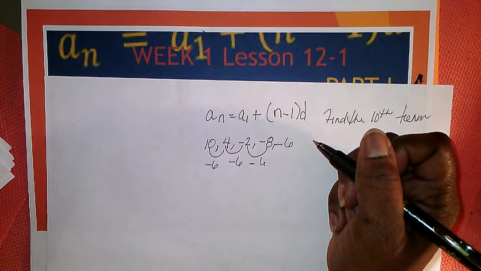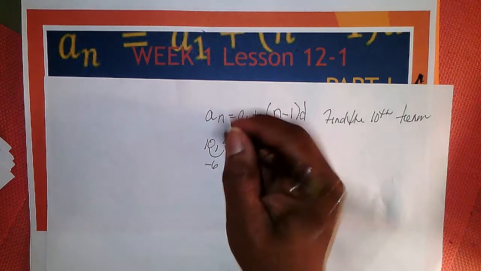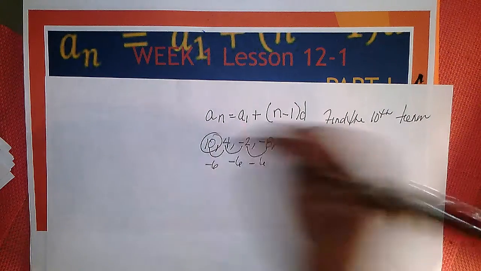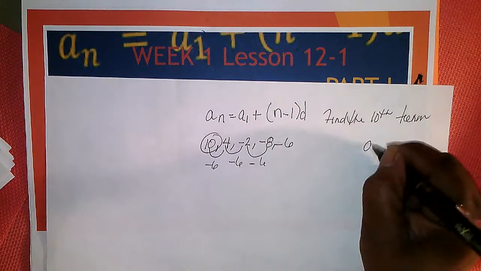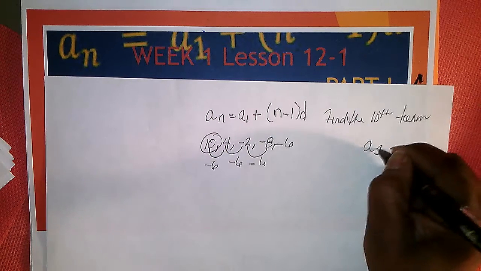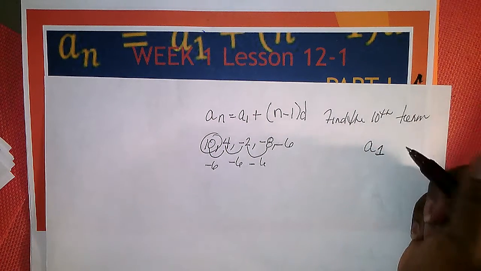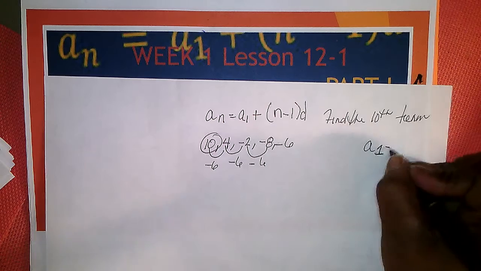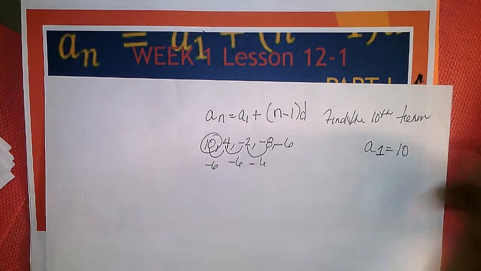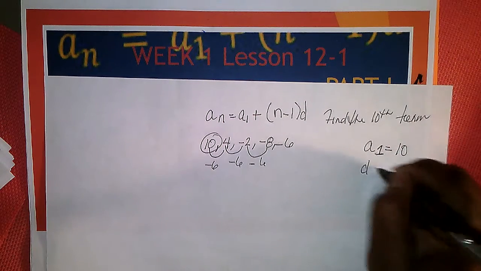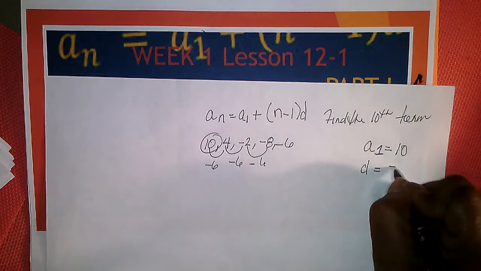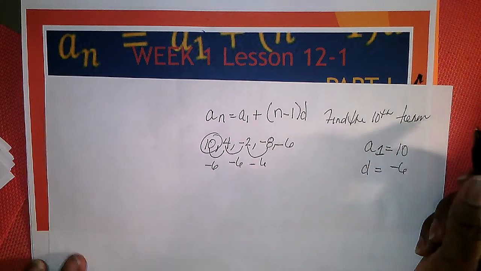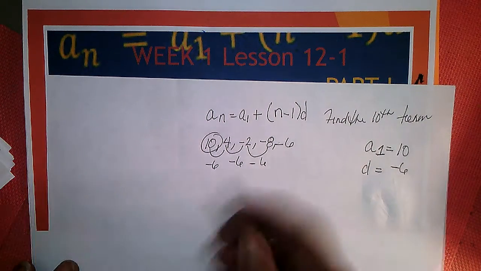So, in looking at this series of numbers, we know we started out with a 10. So we know a_1 equals 10. So that's the number that we start the series with. We know the difference is -6. So now we have that.